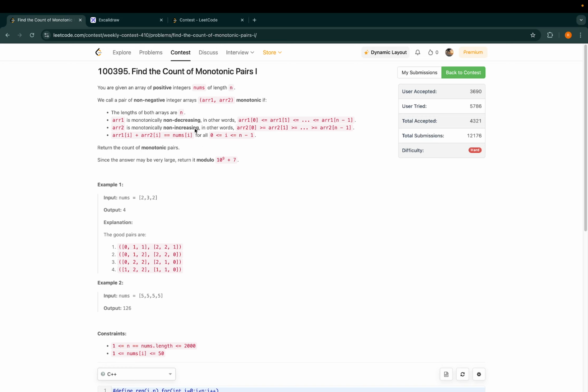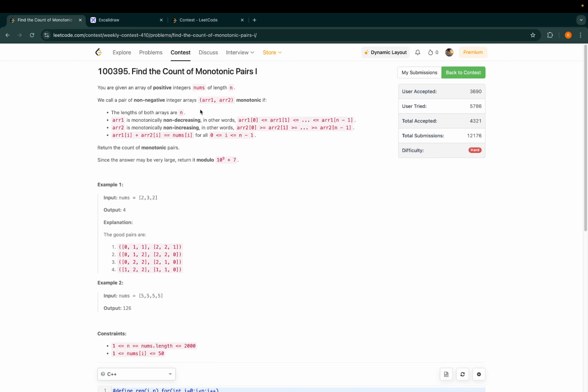Okay, so here let me explain the statement. We are given an array of size n, and we need to find two arrays which contain non-negative integers such that the sum of elements at these arrays is equal to the element of the given array, and these two conditions are met.